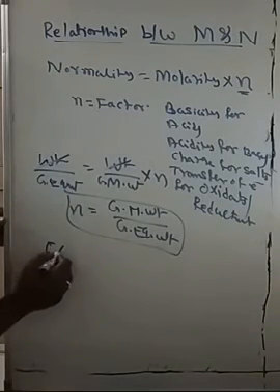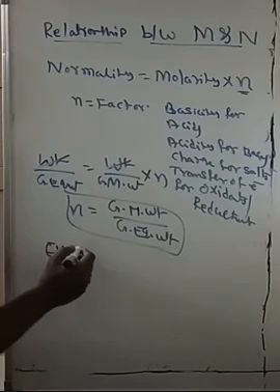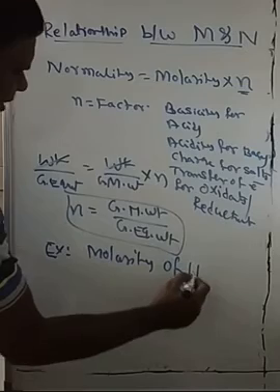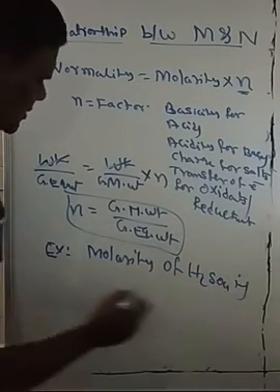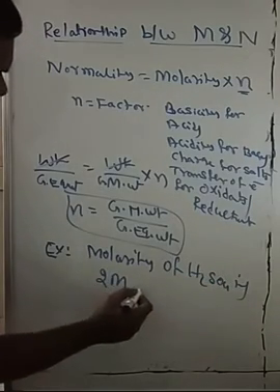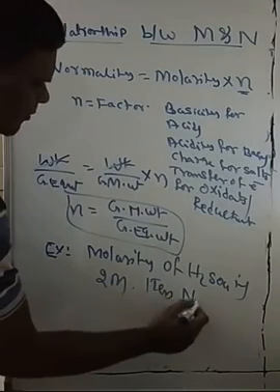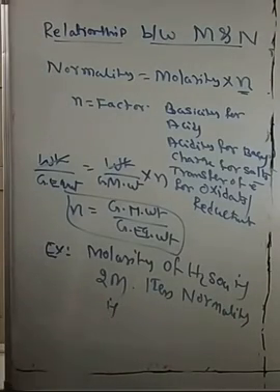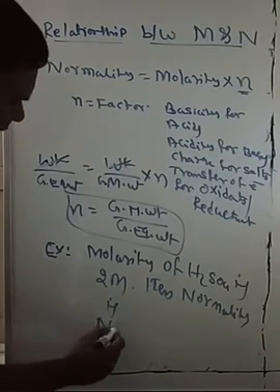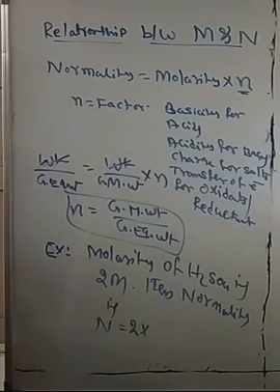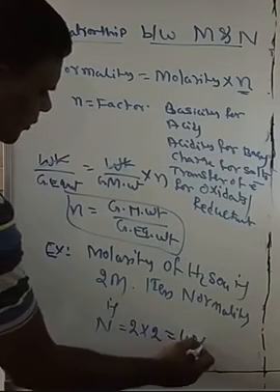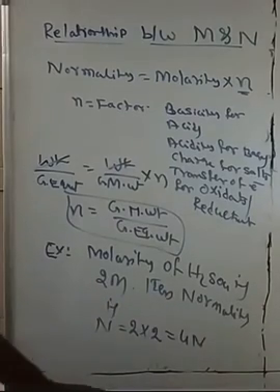For example, if the molarity of H2SO4 is 2M, then what is the normality? The normality equals molarity 2 times N factor. N factor for H2SO4 is how much? 2. That is equal to 4N normality.